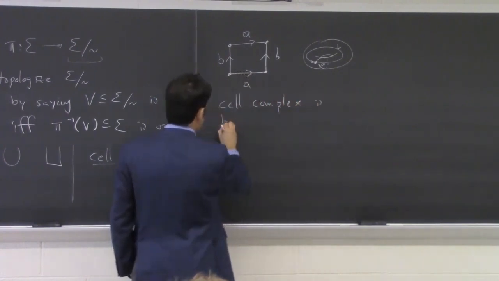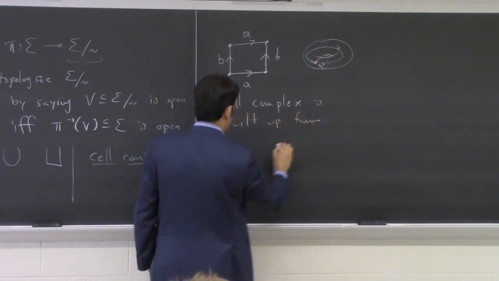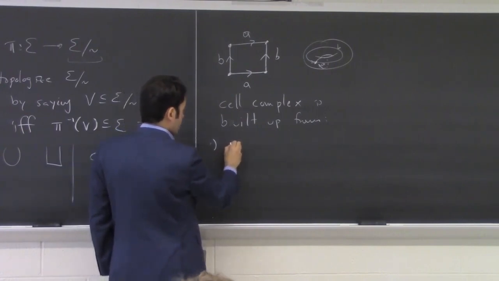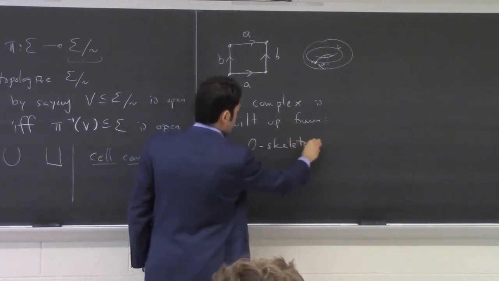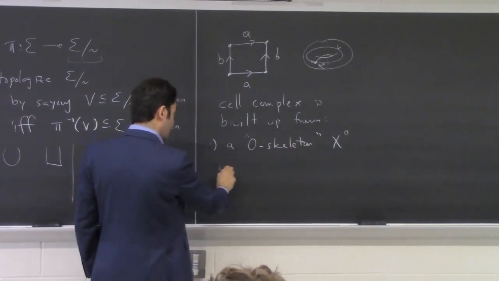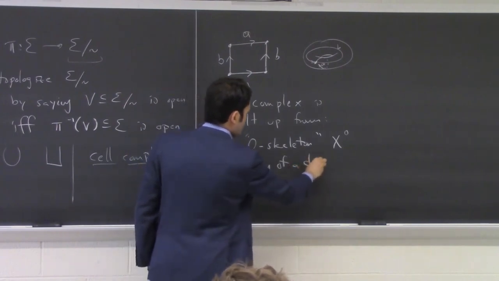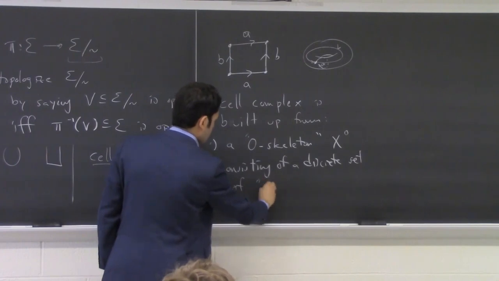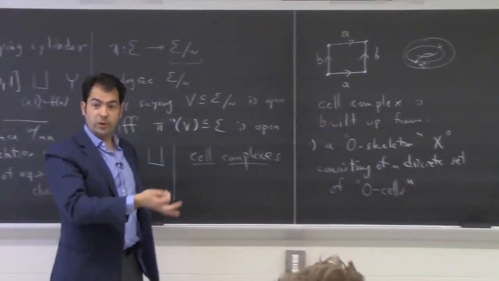is built up. So you start out with a zero skeleton consisting of a discrete set of zero cells, so just vertices, just points.